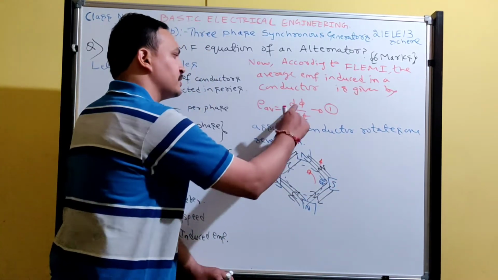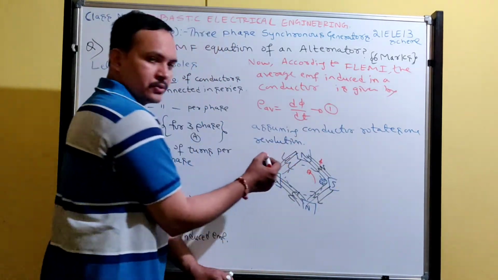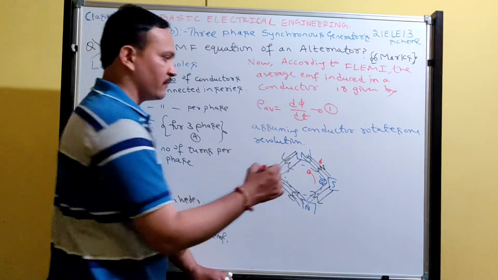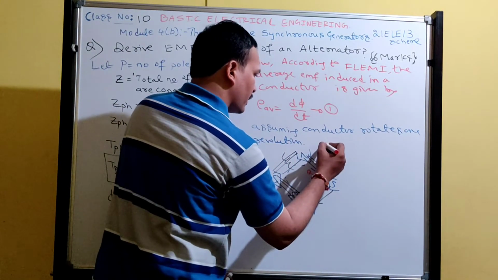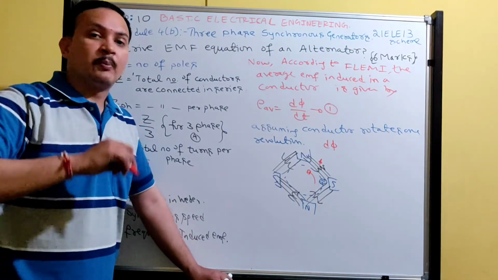That is called the change in flux. Therefore, the change in flux is due to flux cut by all the poles.